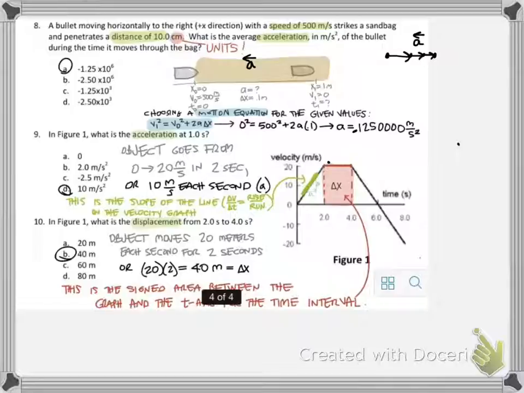Base times height, 2 seconds times 20 meters per second. 2 times 20 is 40 meters per second times seconds, which gives you meters. Once again, carry the units along with your calculation, it definitely pays off. This would be a positive displacement because the object was moving to the right. It's on the positive side of the axis, but also the object was moving to the right.